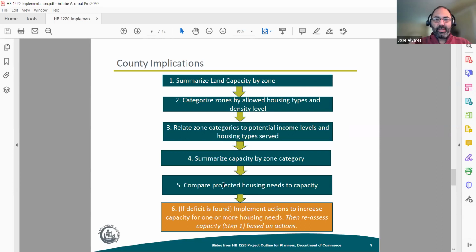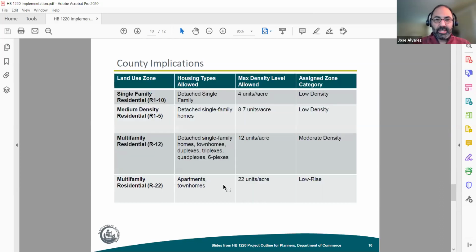And so this works you through the categorization and how you can get to what our capacity is, and then be able to compare it to how much we have on hand. And this next slide kind of bridges that gap. You can see on the left-hand side some of the single-family zones.